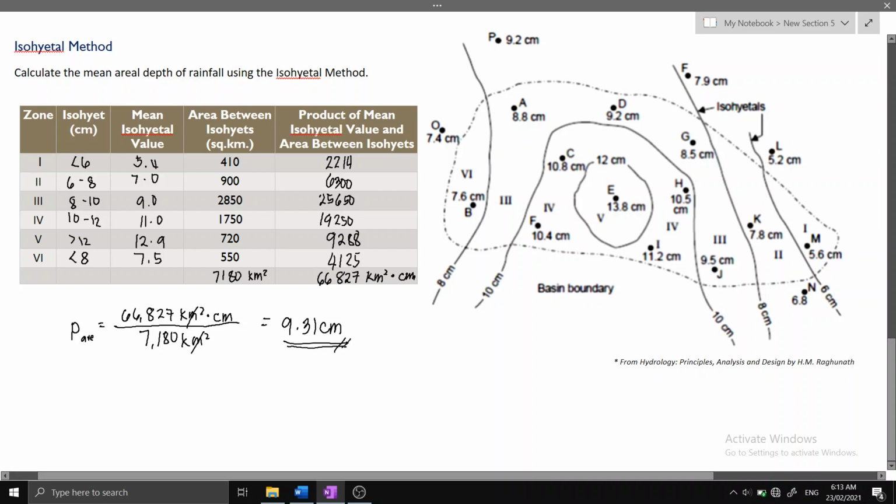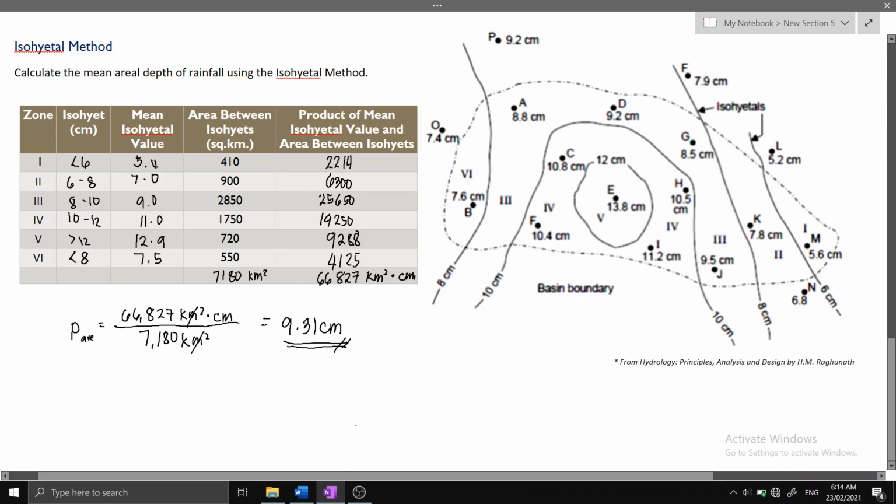So what did you notice in using the isohyetal method? So the concept of the isohyetal method is somewhat similar to that of the Thiessen polygon. Because we are considering the area between the isohyets here, and in the Thiessen polygon, we are considering the influential area of the respective stations.